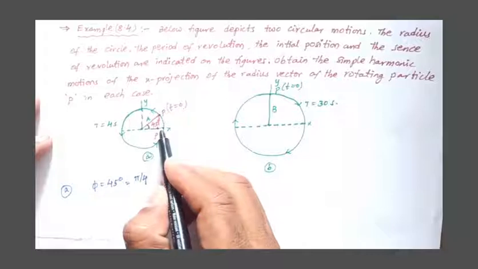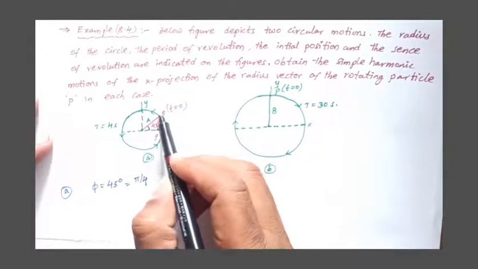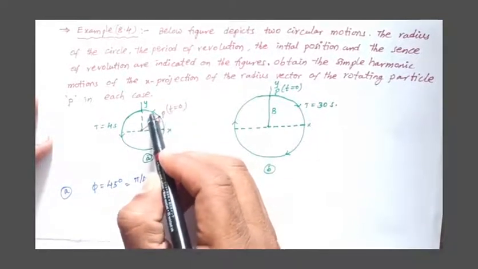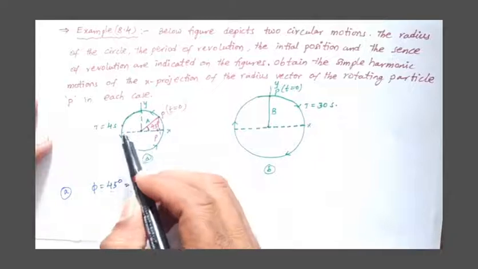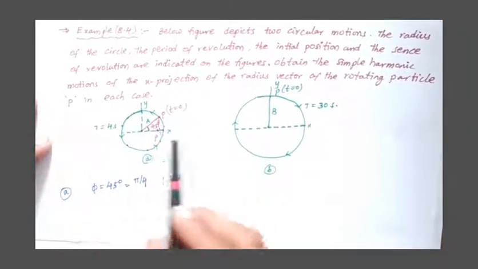Okay, so this is the anti-clockwise direction. After time t, it moves anti-clockwise from this point to this point and so on. So it is a to and fro motion.